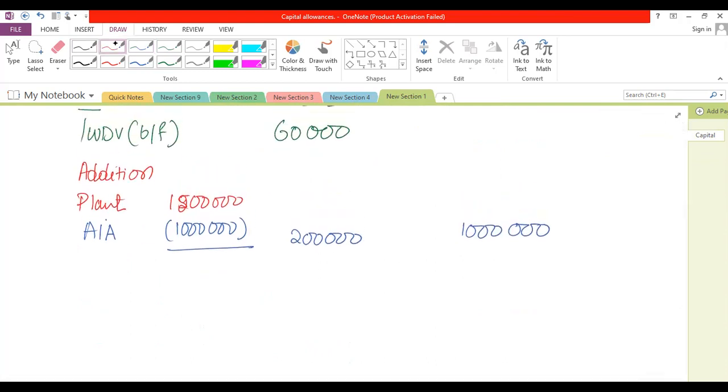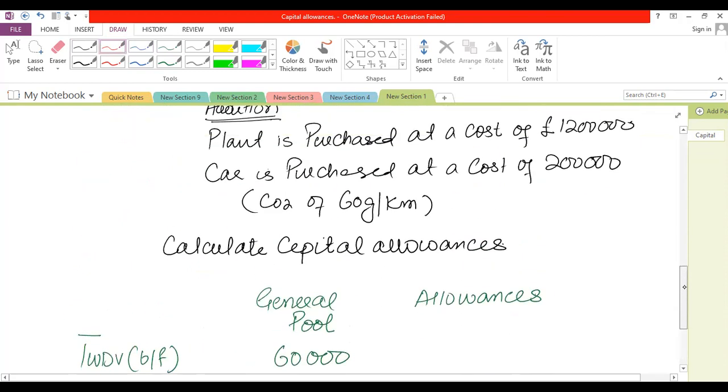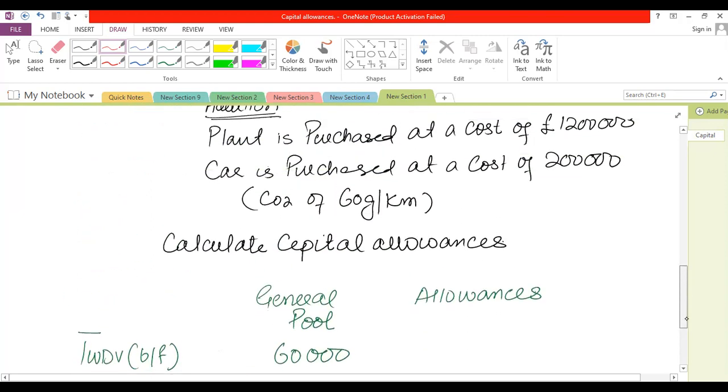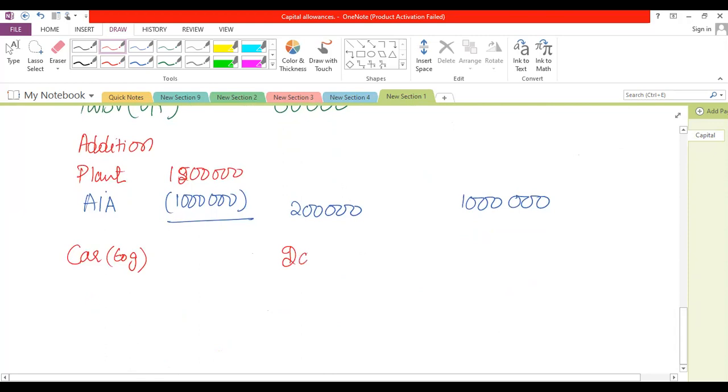Now, after that, we have purchased a car having carbon dioxide rate of 60 gram per kilometer. And as per carbon dioxide rate, it is to be transferred to the main pool, that is 200,000. Now at the end of the year, we have to count the total, and we have to apply the writing down allowance, that is 18% per annum.